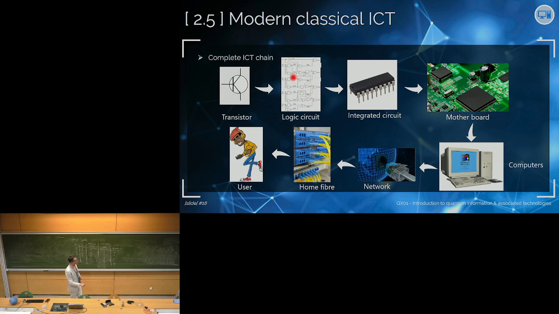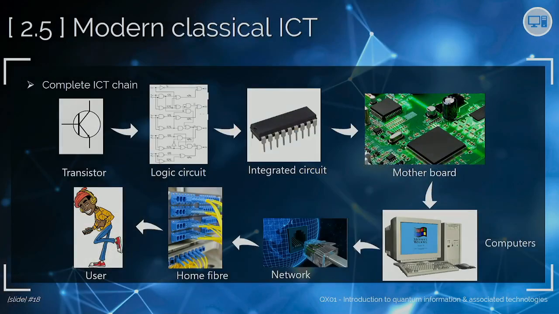With many gates, we can make more complex logic circuits to make operations, additions, multiplications, and so on. We can then integrate all of this into integrated circuits. We can put all of those components into a motherboard, like this one. This one is fairly old, but you would have the equivalent. All of this will constitute our computers.